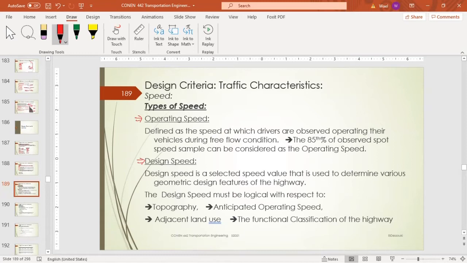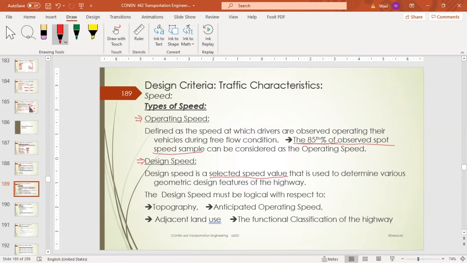So if you take a sample and conduct a speed study, the 85th percentile of the observed spot speed sample can be considered as the operating speed. The design speed is a selected speed value that is used to determine various geometric design features of the highway.